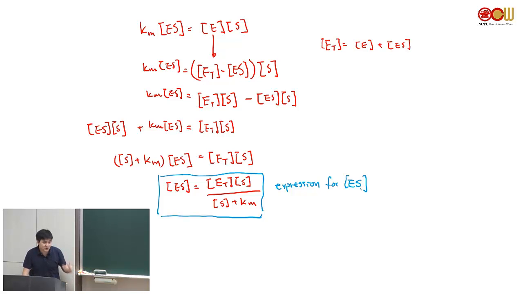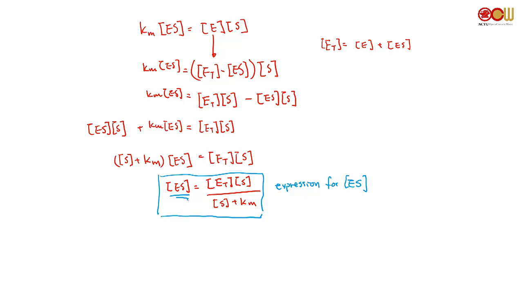Now I have an expression that says the concentration of ES is equal to the concentration of enzyme total times substrate concentration divided by substrate concentration plus Km. Now that one becomes very easy. So now we have a manageable term for ES.